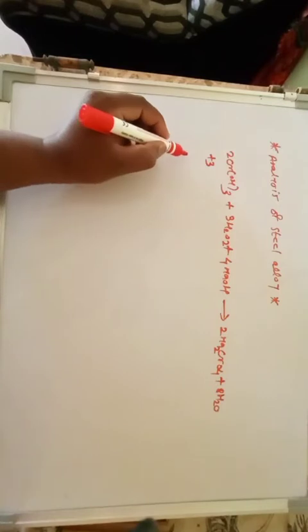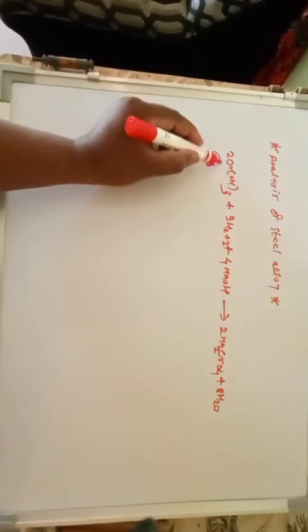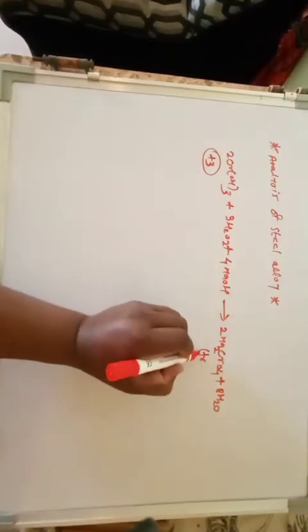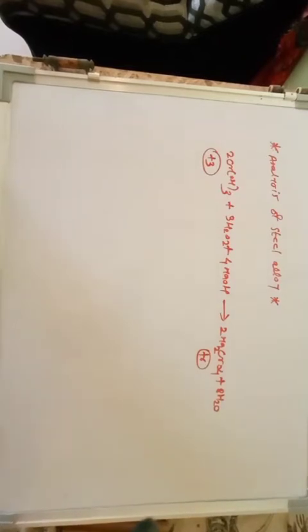And in this sodium chromate, chromium was in the +3 oxidation state before, while in this case it is in the +6 oxidation state. If you count the oxidation state, it is in +6.